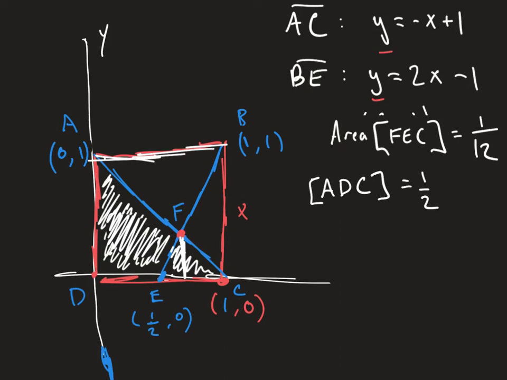Now we can subtract: we know the area of this small triangle, and we know the area of the big triangle ADC. The difference is the quadrilateral ADEF, the green region. So we do 1/2 minus 1/12, which gives us 5 over 12.